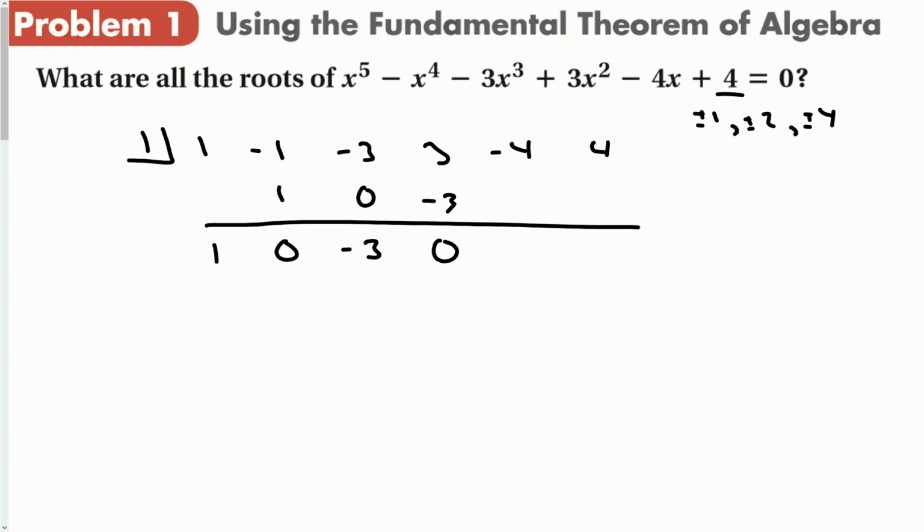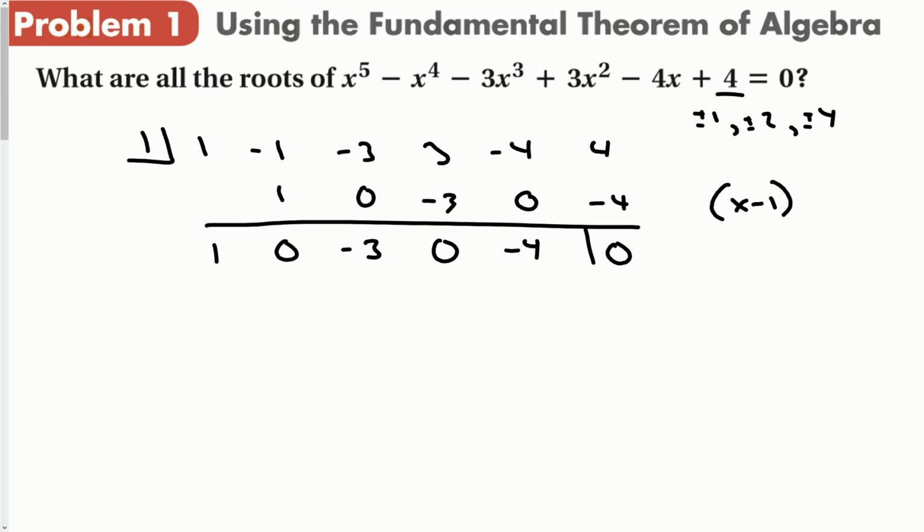Adds to 0, multiply, and if we look at that, we get a 0 as a remainder, which means that 1 is a root, and x minus 1 is a factor of this polynomial.